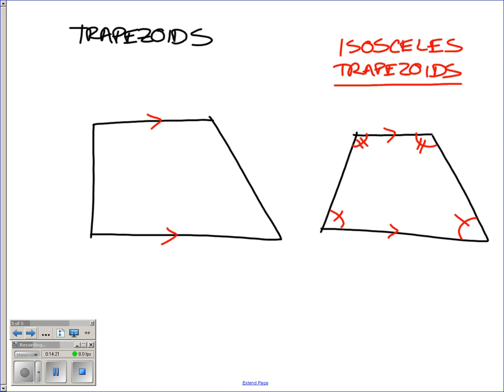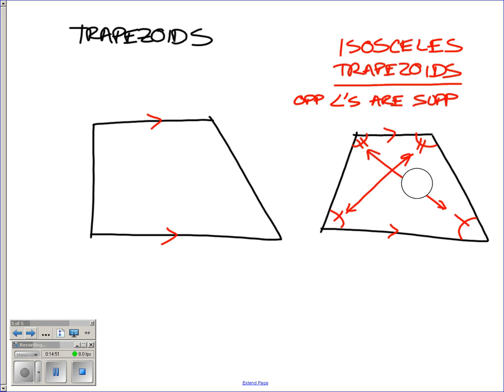So specifically, if you take this pair of opposite angles here and this pair of opposite angles, those are always going to be supplementary. So opposite angles are supplementary every time.